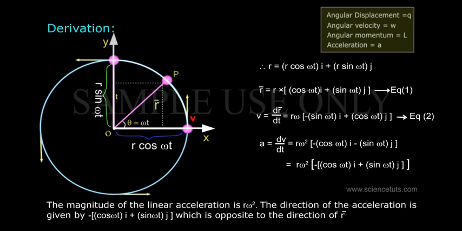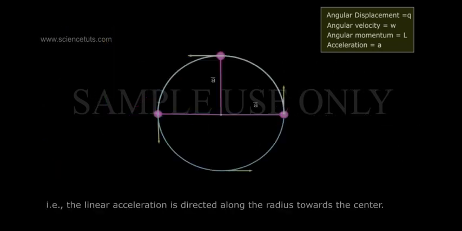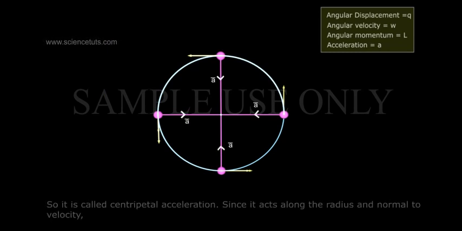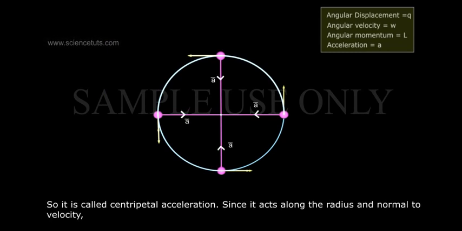The direction of the acceleration is given by minus (cos omega t i plus sin omega t j), which is opposite to the direction of r bar. That is, the linear acceleration is directed along the radius towards the center. So, it is called centripetal acceleration.